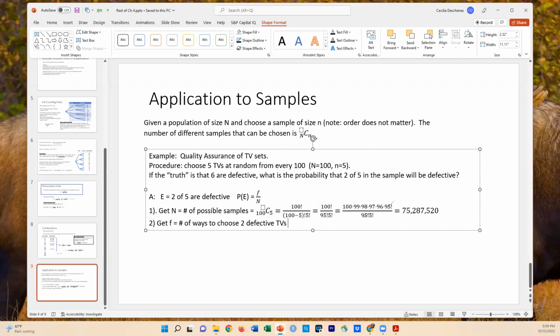And one of the things that helps when you're trying to put these together is to realize that this also means choosing 3 not defective TVs. That's really what choosing 2 is saying. It's 2 that are defective and 3 that are not defective. And it's frequently helpful to do a schematic. So I'm going to set up a schematic.